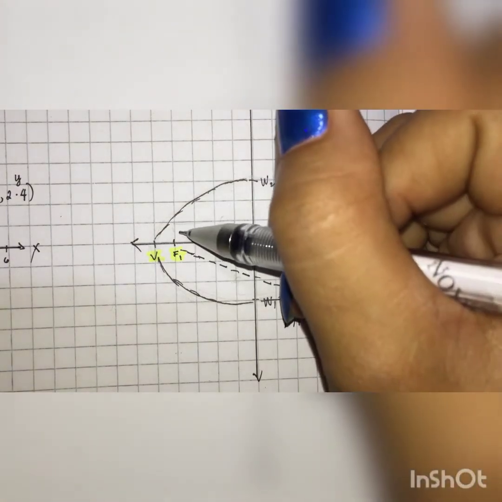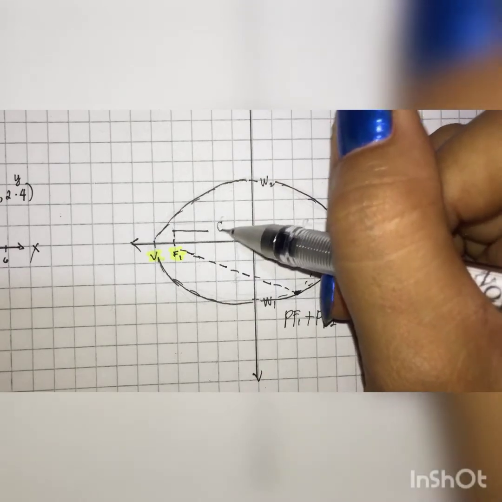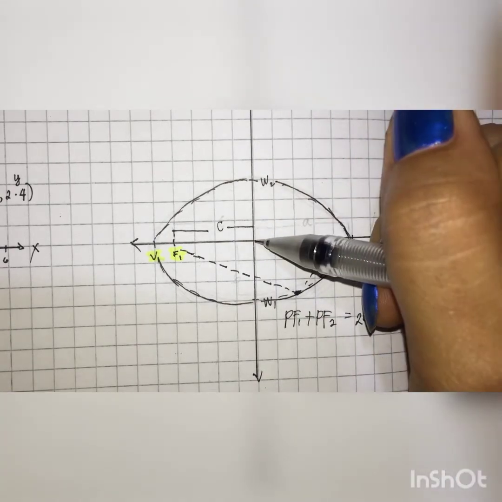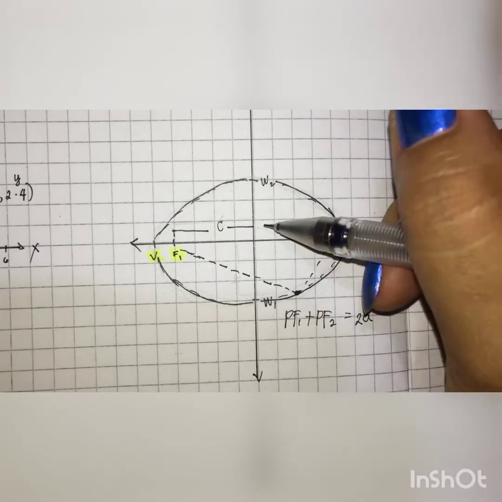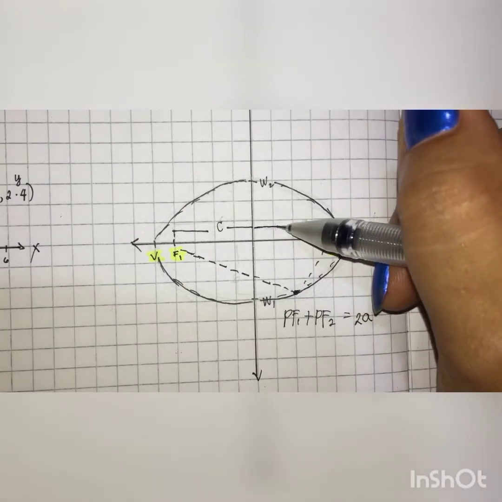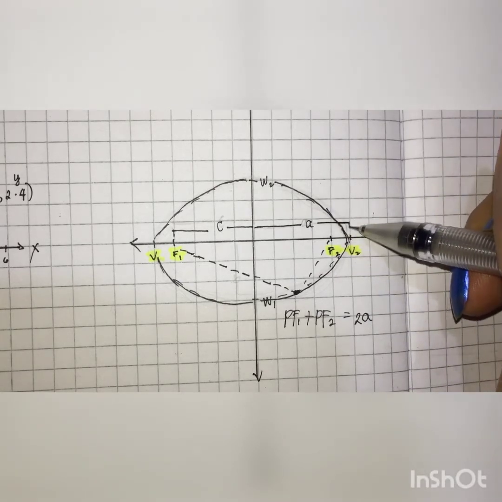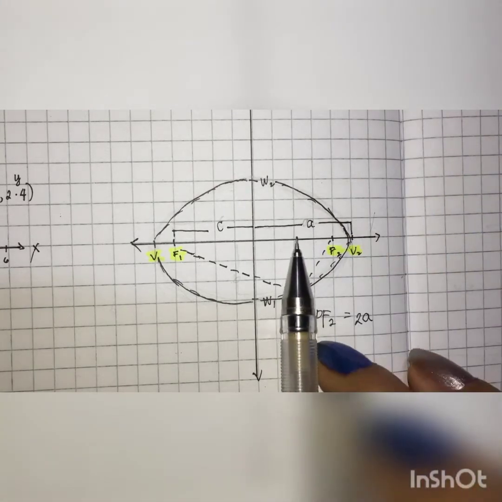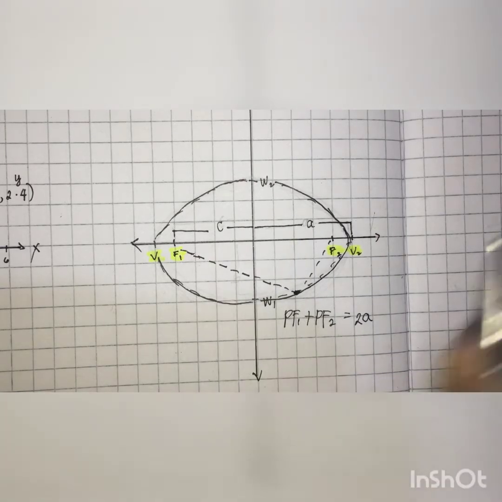C is the unit distance between the focus and the origin. And then A is the unit distance from the origin to the vertices. So as you can see, A is greater than C.